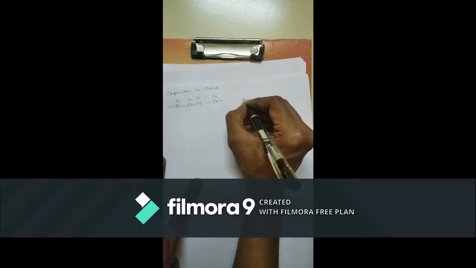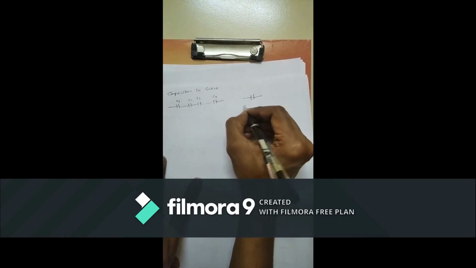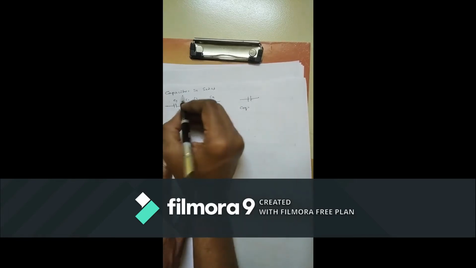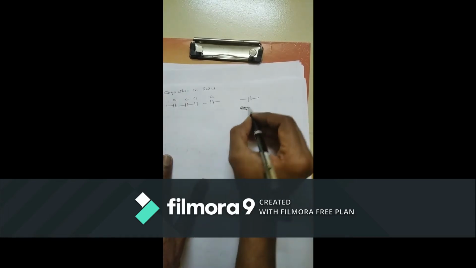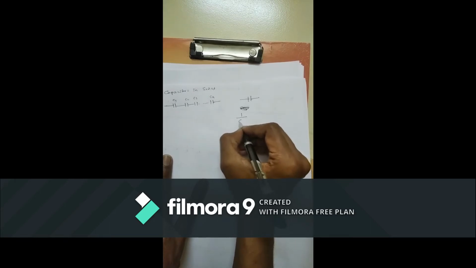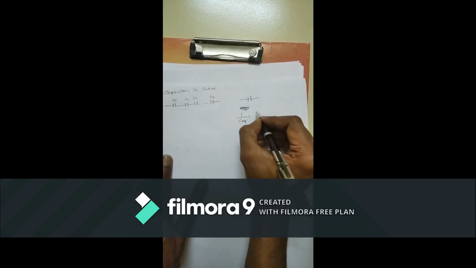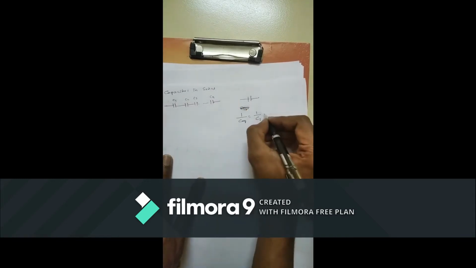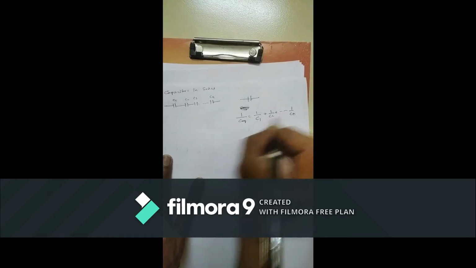In this case, the reciprocal of the equivalent capacitance Ceq is equal to the sum of the reciprocals of the individual capacitances: 1 by C1, 1 by C2, up to 1 by Cn.